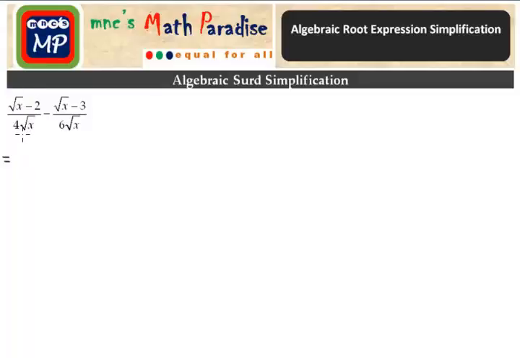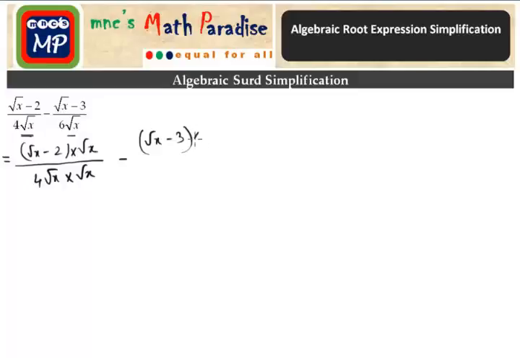To get rid of this root x from the denominator, we multiply the numerator with root x, and the denominator will also be multiplied by root x. So this root x will cancel, giving back the original term, minus root x minus 3.